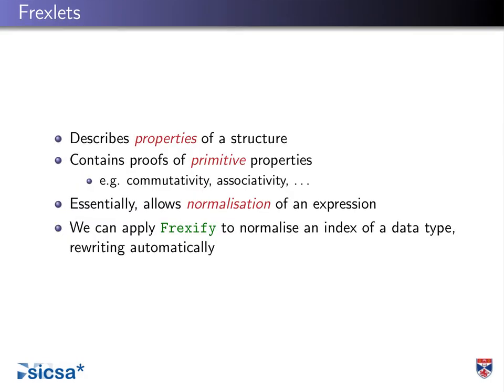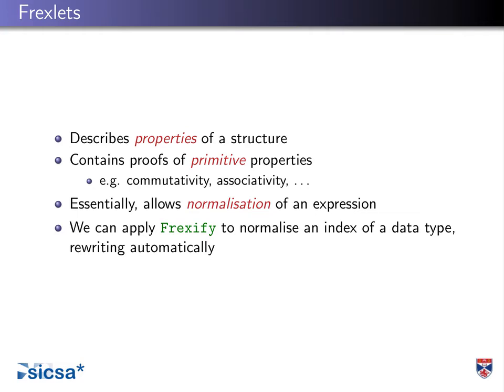So Frexlets, let's say for example, our Frexlet for commutative monoids. Frexlets will describe the properties of a structure. Those properties will be the primitive rewrite rules that we're going to be using to normalize our structures. Essentially what it's giving us is a way of normalizing some expressions in some algebra. Given that, we can apply Frexify to normalize the index of a data type.